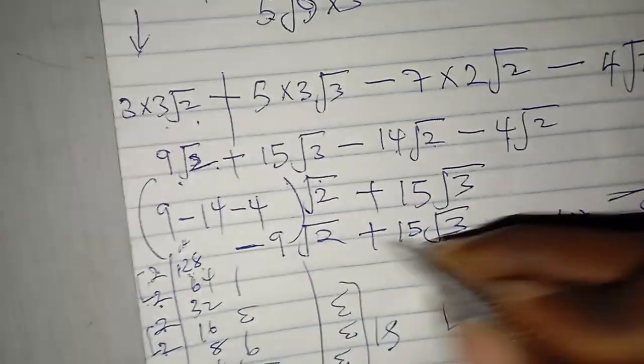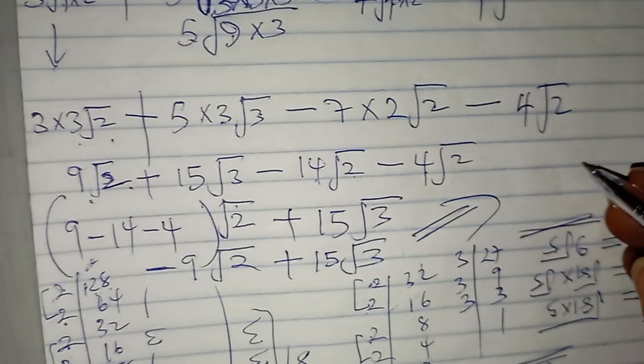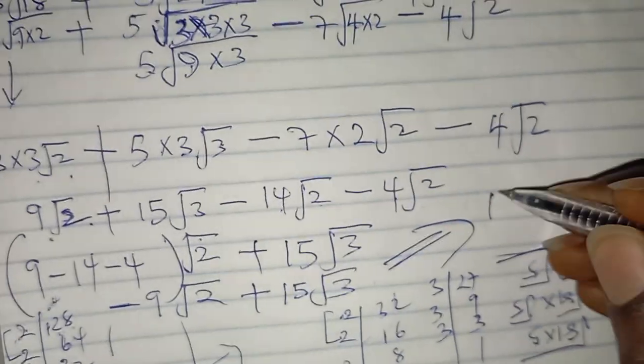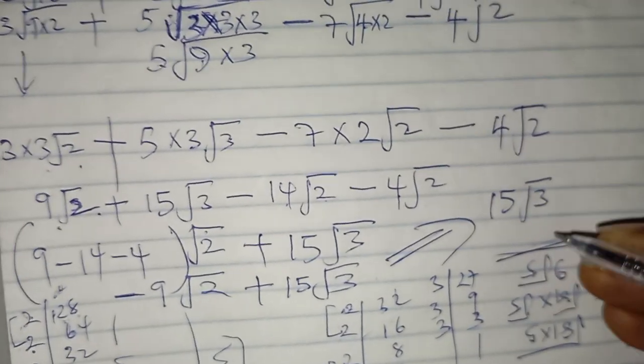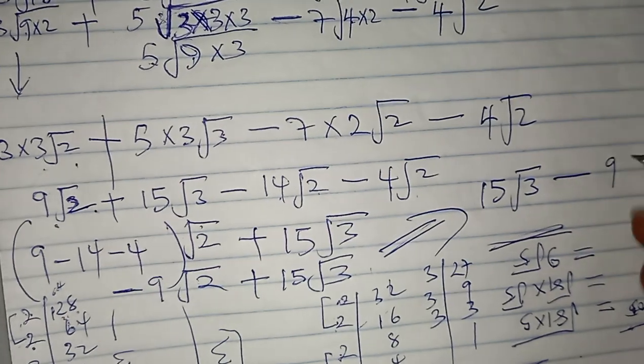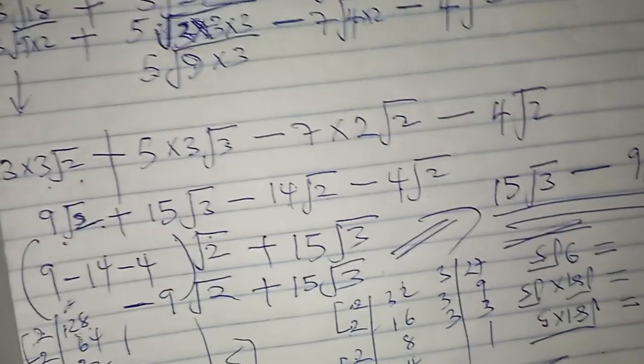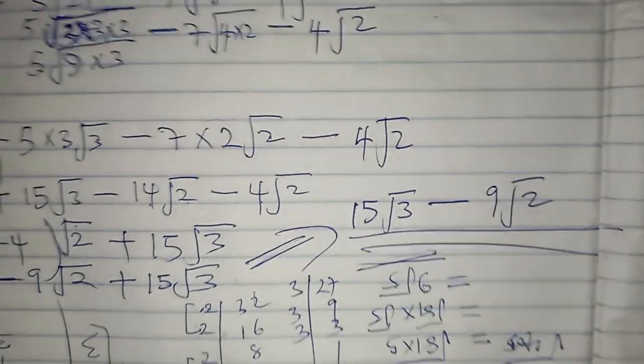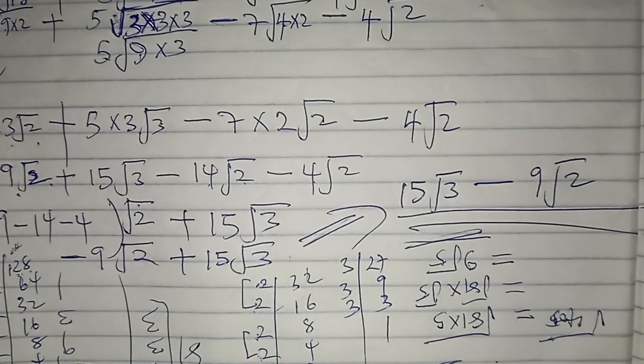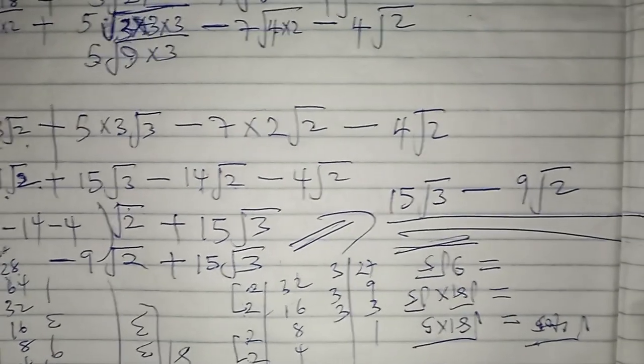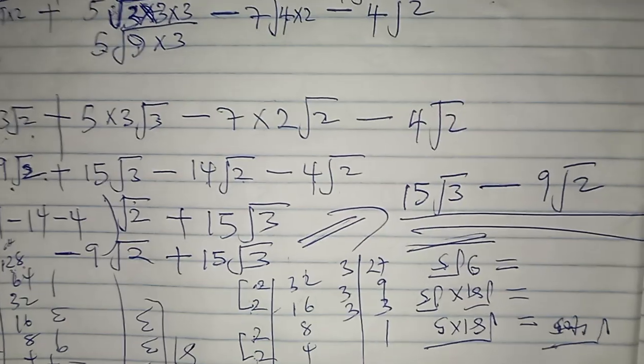And you know that this is the same as saying 15 root 3 minus 9 root 2. This can as well be my answer. Understand? So keeping the minus inside so that positive starts it.